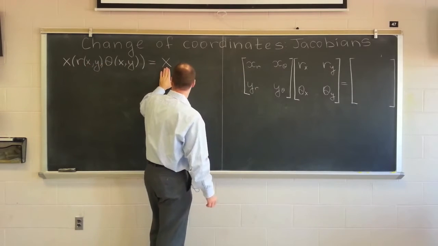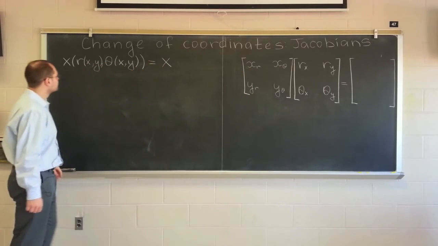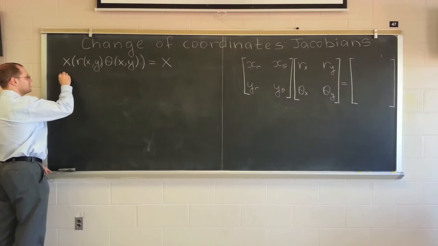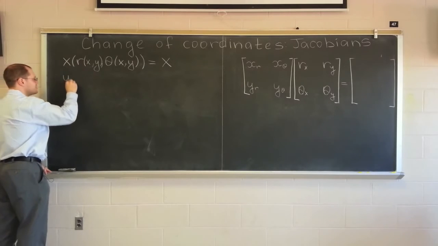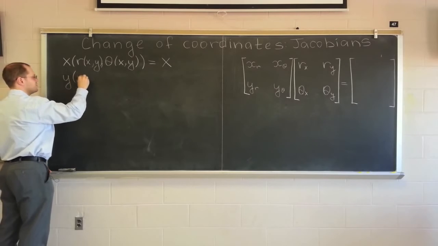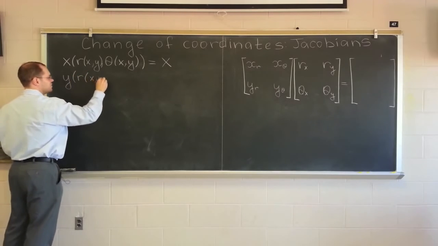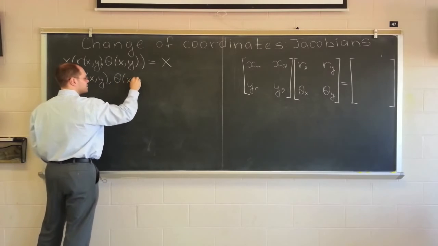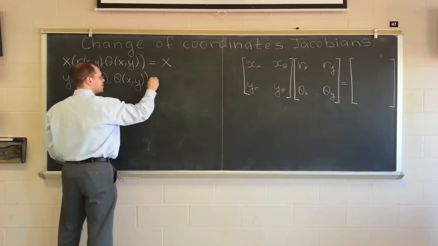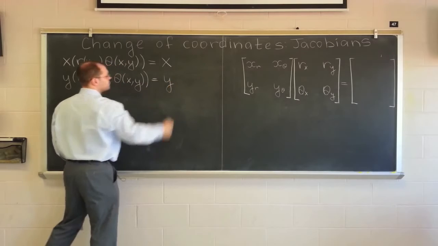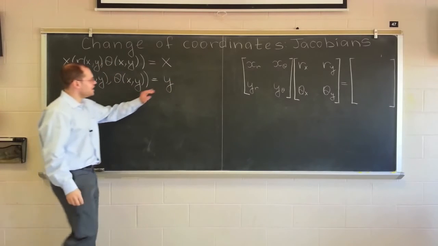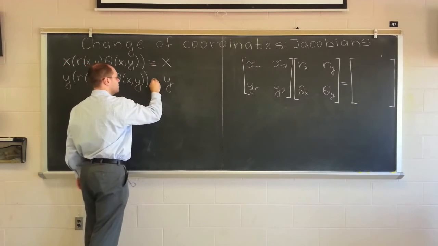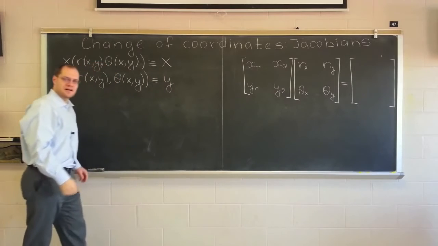If it's a little bit faster, I write this x. And the second relationship is the same thing for y, as a function of r of x and y, and a function of theta of x and y, is y. And let's remind ourselves that these are actually identities in x and y. So we'll write the triple equal sign.